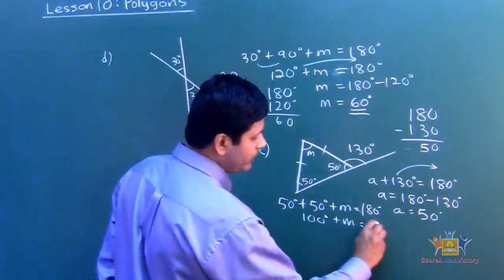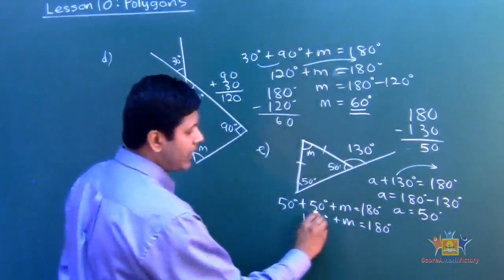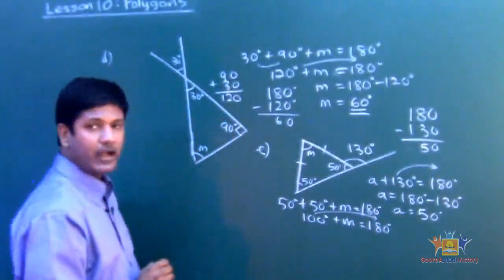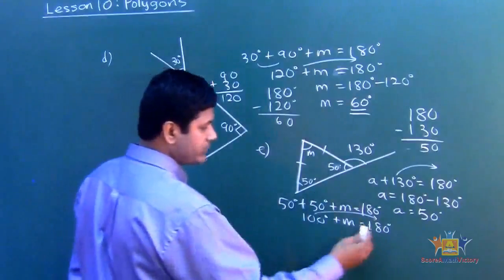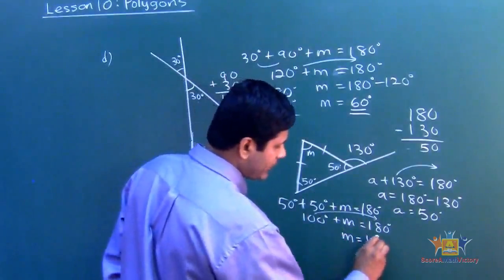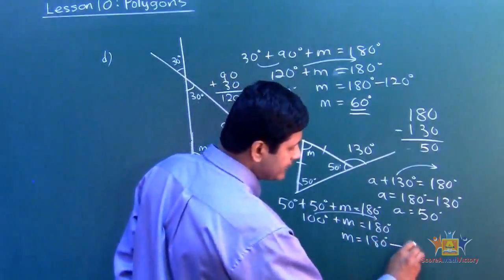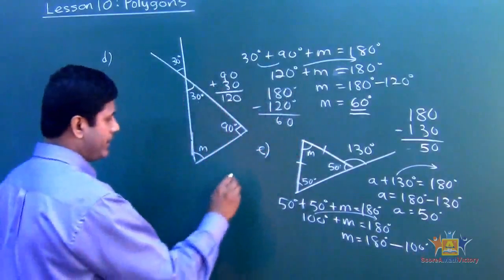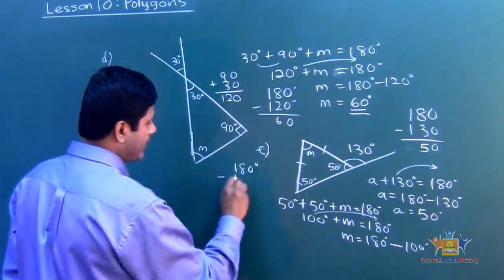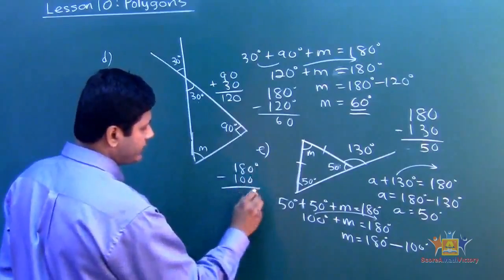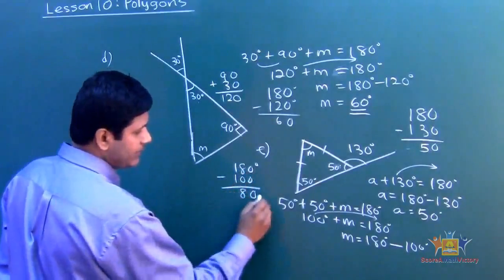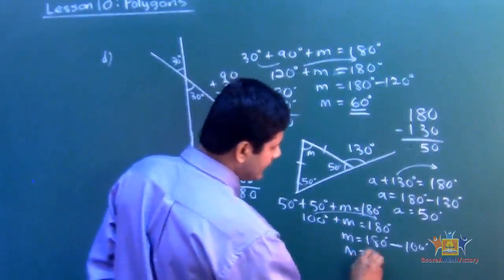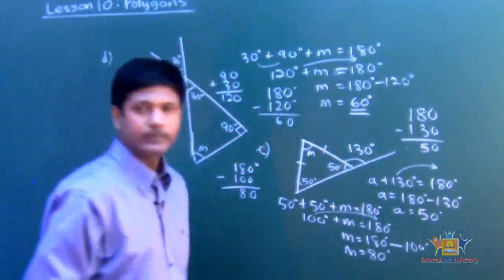And I'm looking for M. Who's got to go? The 100 degrees has got to go. And what is 100 doing to M? It's adding, so addition across the bridge becomes subtraction. So 180 minus 100. Let's line it up: 0 minus 0 is 0, 8 minus 0 is 8, 1 minus 1 is 0. That means M equals 80 degrees.